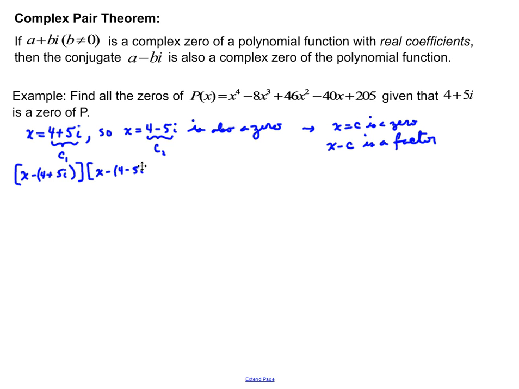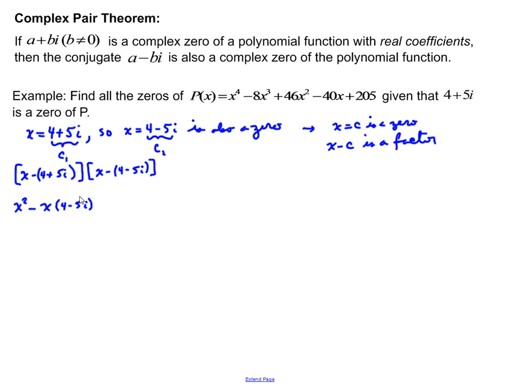Now, I know how everybody loves multiplying polynomials, and this one's no different. I'm going to use my FOIL method. I'm going to take these leading x's right here, first terms. So I'm going to get x squared. X times x is x squared. Then I'm going to take x, and I'm going to multiply it by that quantity, 4 minus 5i. So I will have minus x times 4 minus 5i. Remember, we're using the FOIL method here still.